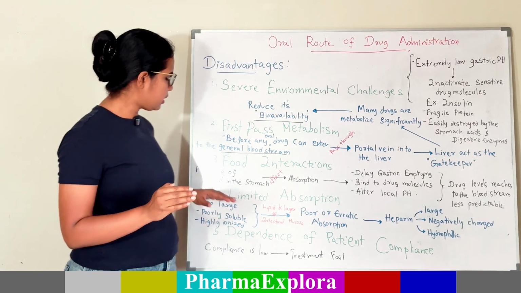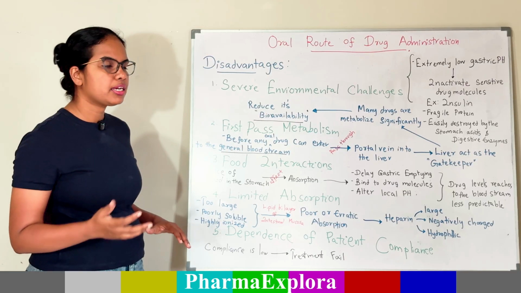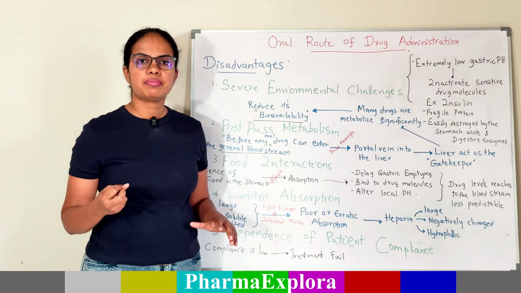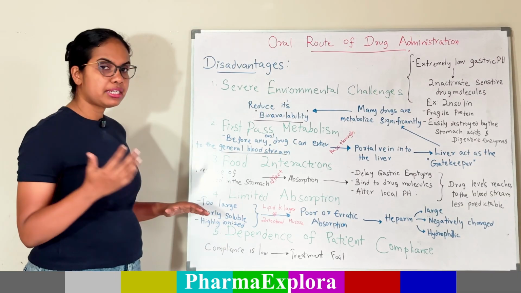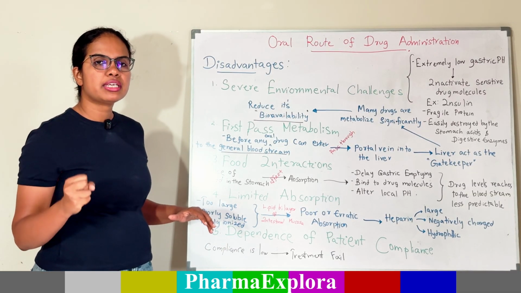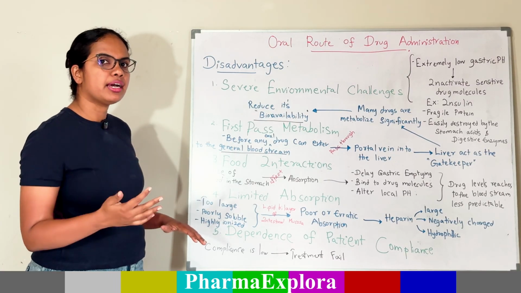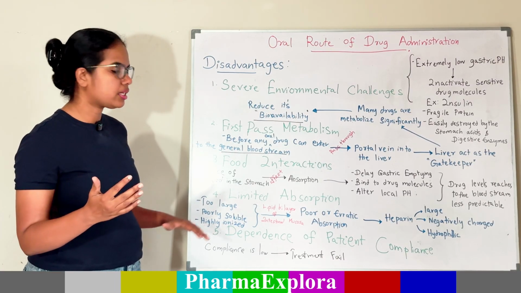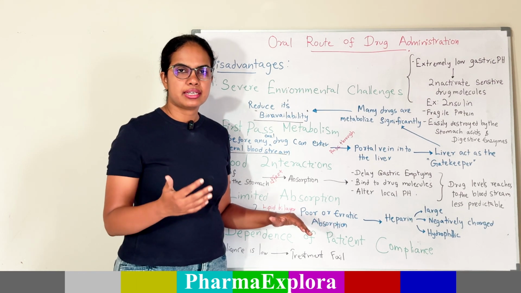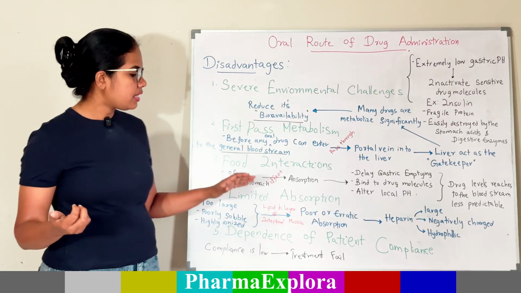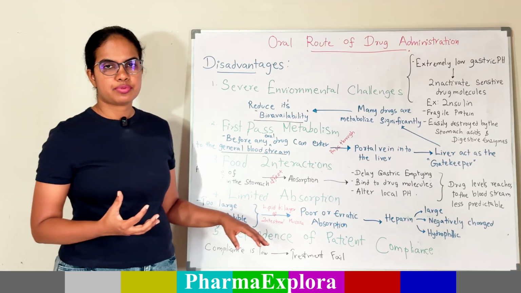If a drug molecule is too large, poorly soluble, or highly ionized, it cannot pass the lipid bilayer of the intestinal mucosa and get absorbed. Therefore, such molecules show poor or erratic absorption.